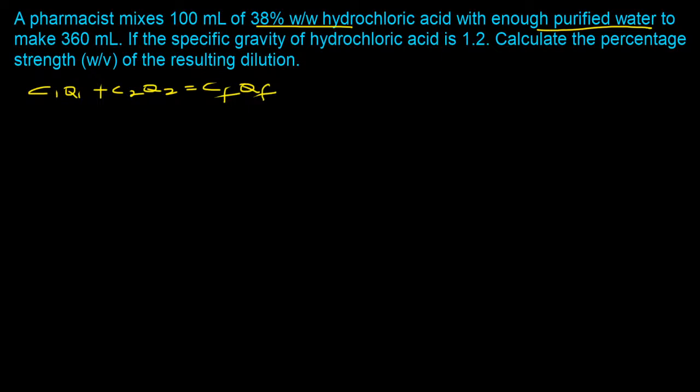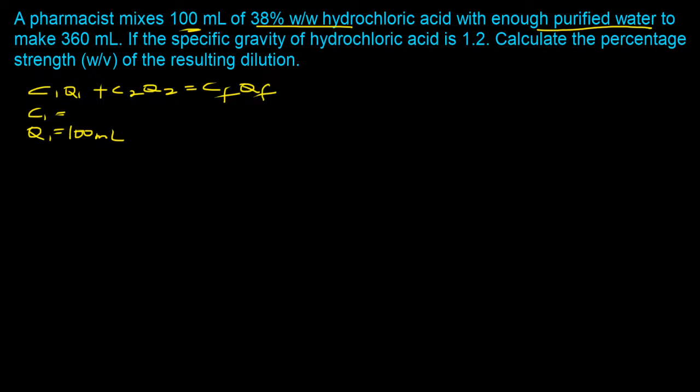And we can put down what our components are. So C1 Q1. Q1 is basically giving us 100 milliliters. And that's from here. And your concentration is 38% weight by weight.